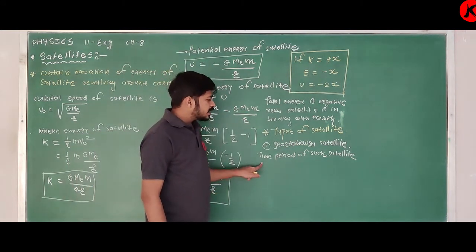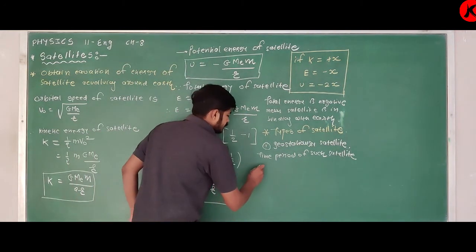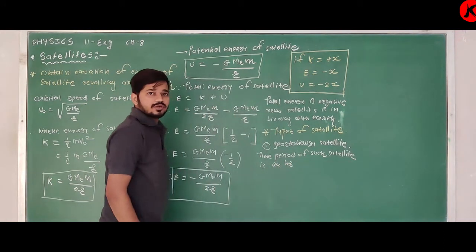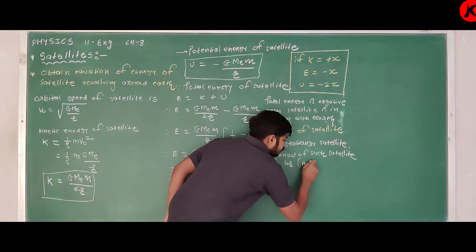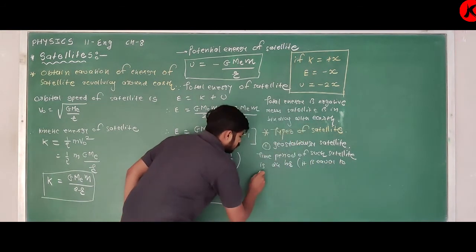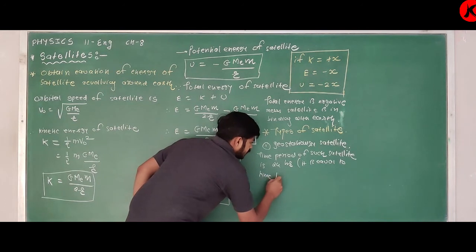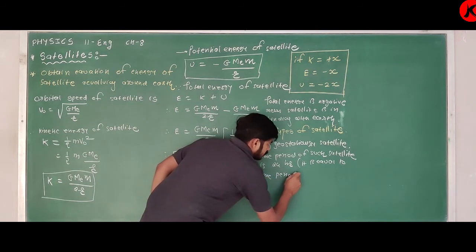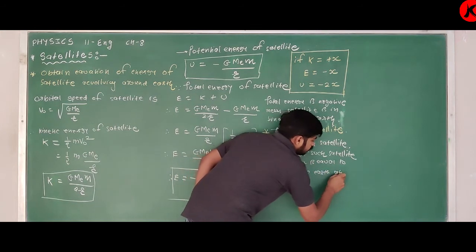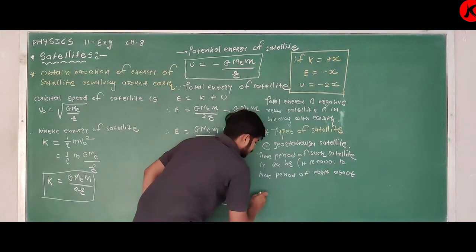So, time period of such satellite is 24 hours. 24 hours means it is equal to time period of Earth about its own axis.